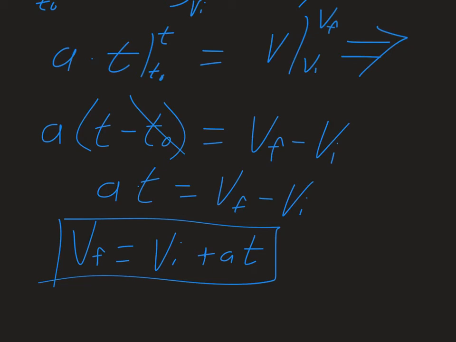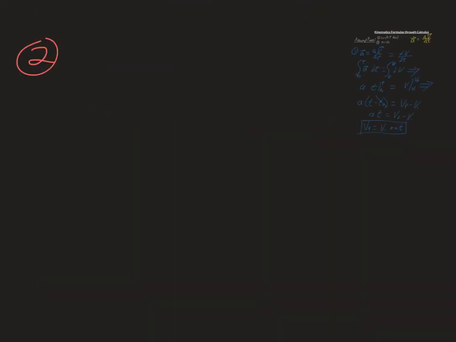Now let's look at that second kinematics formula. So I just made our stuff over here small, and then I'm actually going to start this one with our original velocity formula. So we have velocity is equal to a change in displacement over a change in time. And I'm going to do the same thing that I did before, where I said this equals an infinitesimally small displacement over an infinitesimally small time.